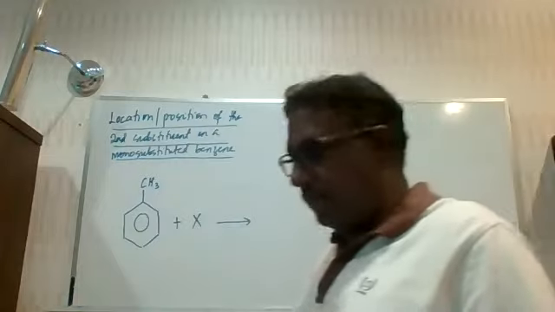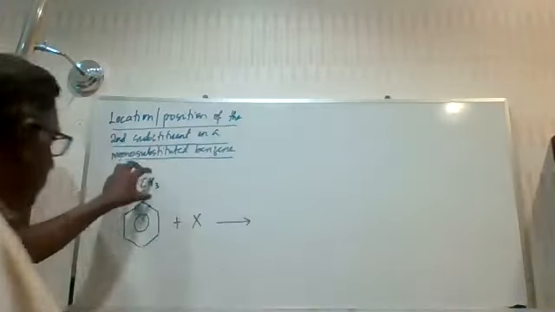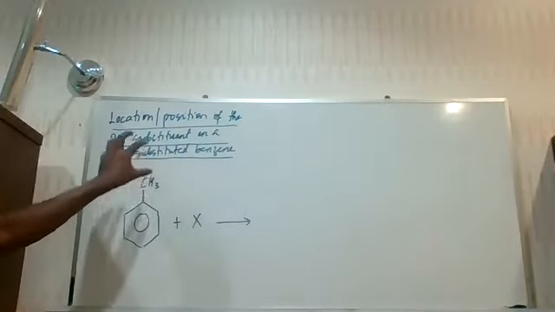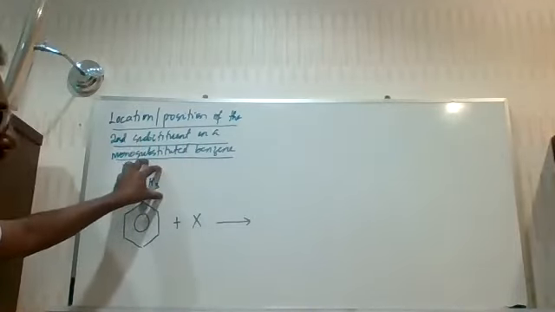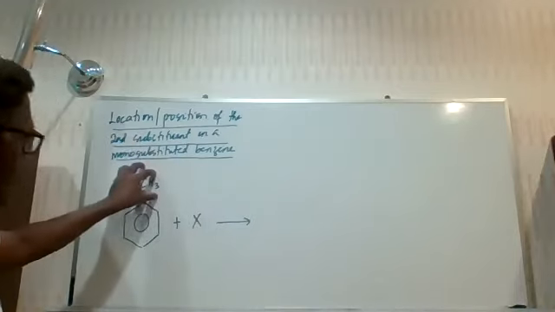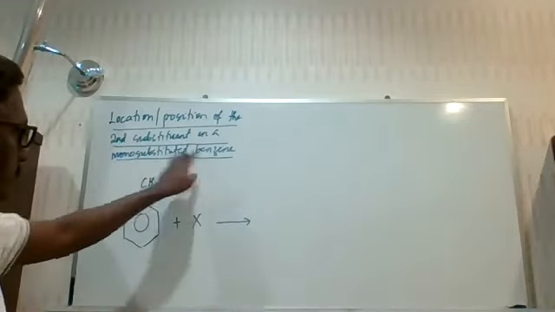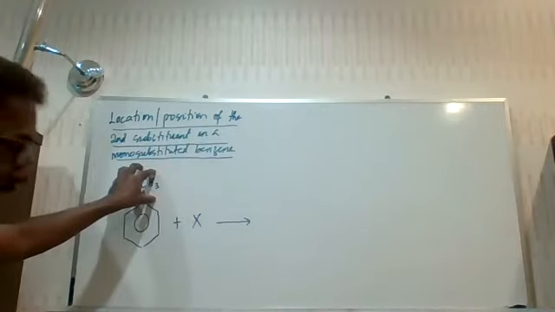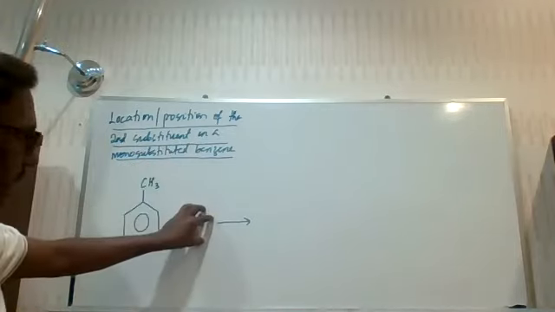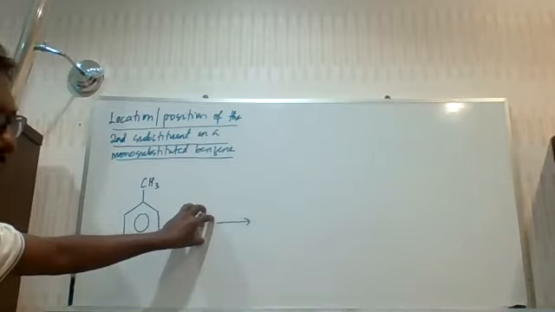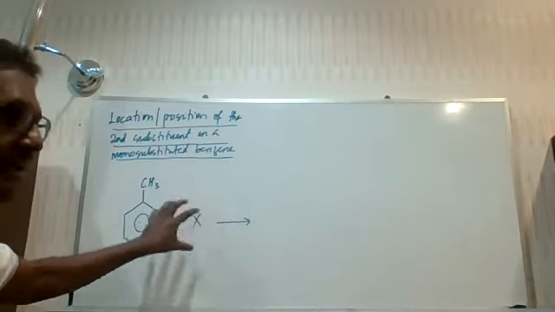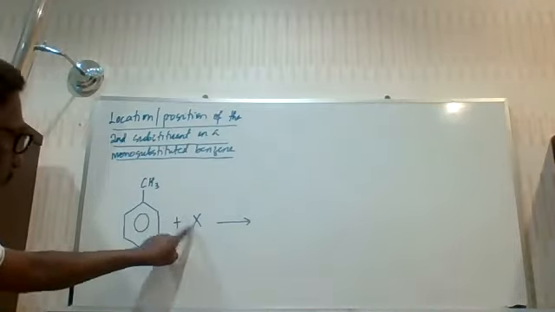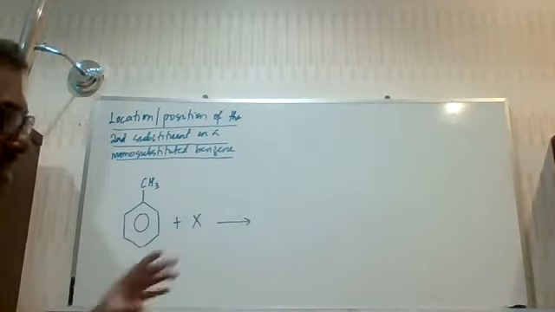The point is, the nature of the first substituent in a monosubstituted benzene will direct the second substituent to a certain fixed position. So X cannot move into any position as it pleases.